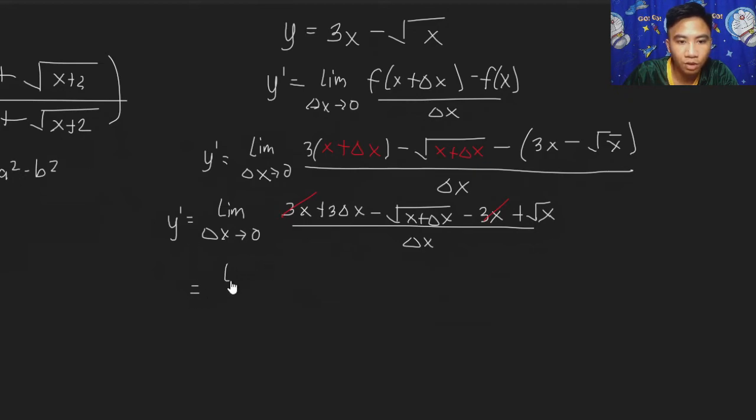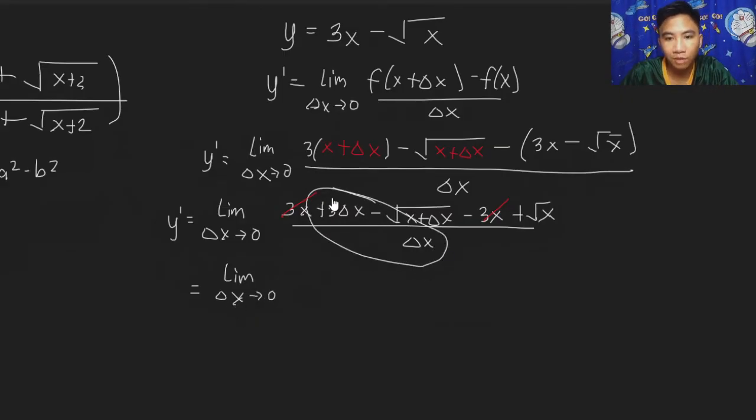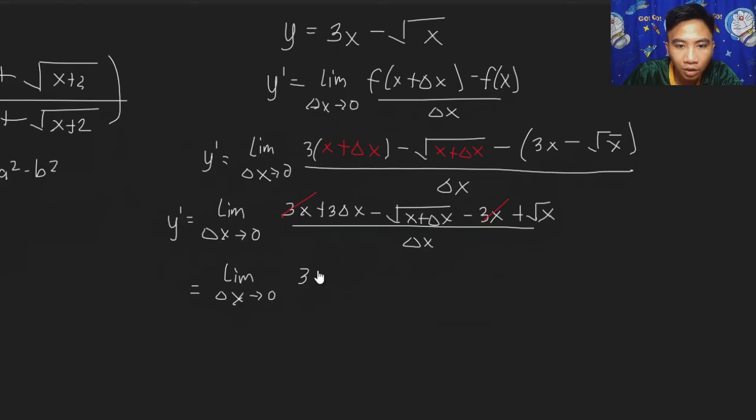So, ang gusto nating gawin is mag-groupings tayo. Ayan. Ito, pagsasamahin ko na. So, magiging 3 delta x all over delta x.